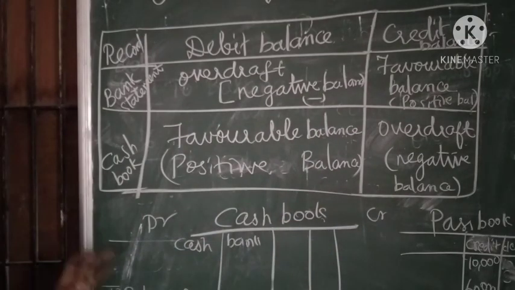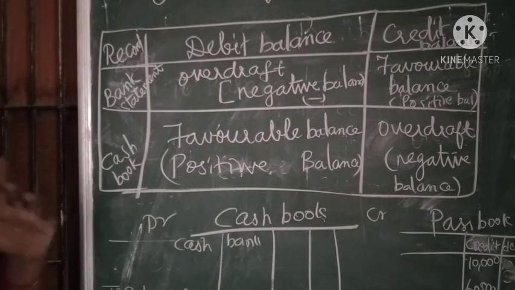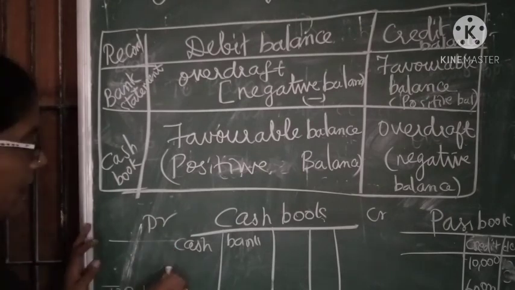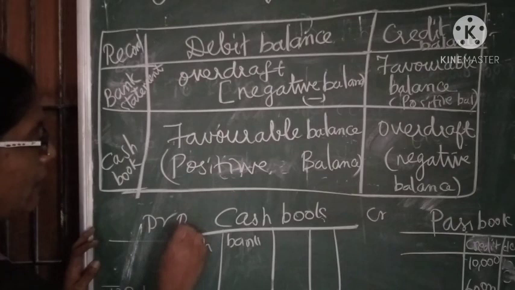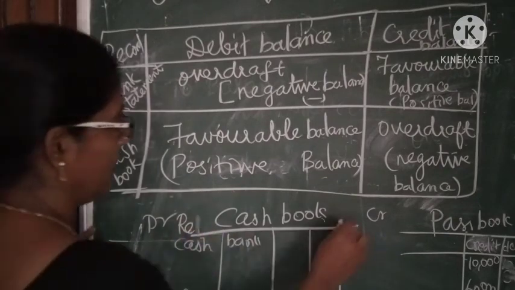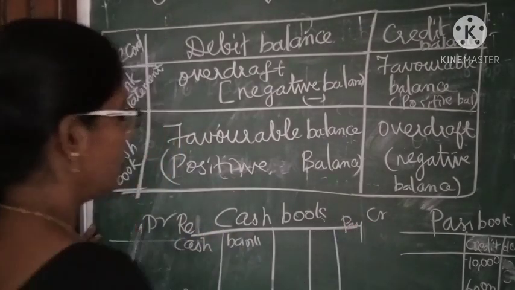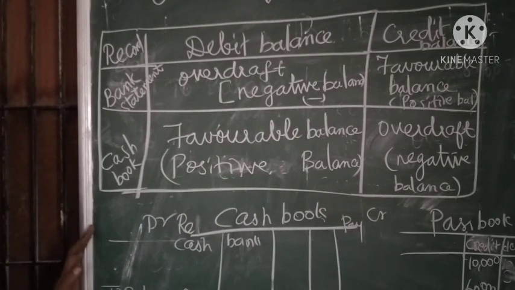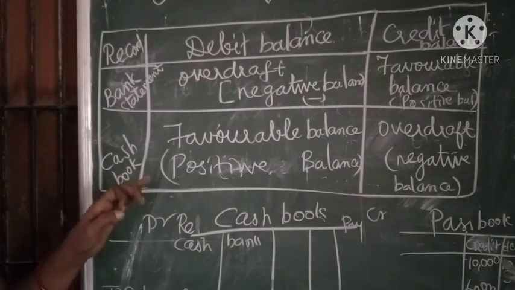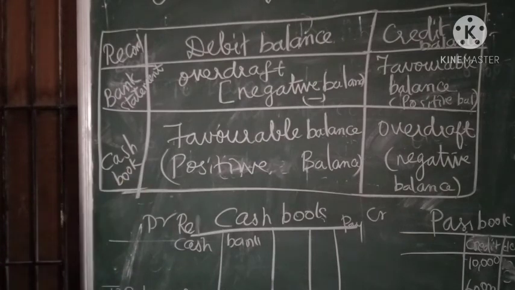Now come to the cash book. In the cash book, what is the favorable balance? You know already, receipts. Here, you know, all this column is receipt. This side is a payment column. So already I have explained to you, we are not going to spend more than the receipt. So always favorable balance is a debit balance. Are you clear? Favorable balance is a debit balance.